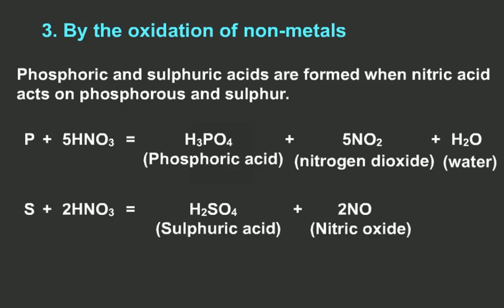Similarly, when sulfur combines with nitric acid, or S plus 2HNO3 gives us H2SO4, that is sulfuric acid, plus 2NO, that is nitric oxide.